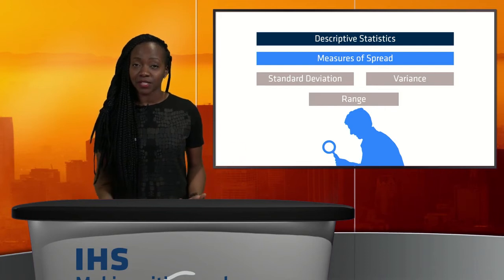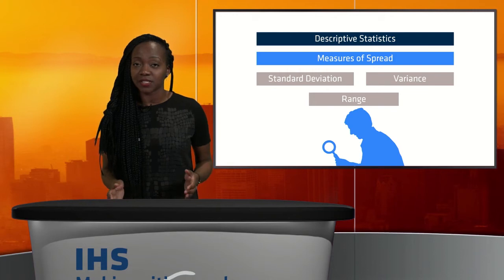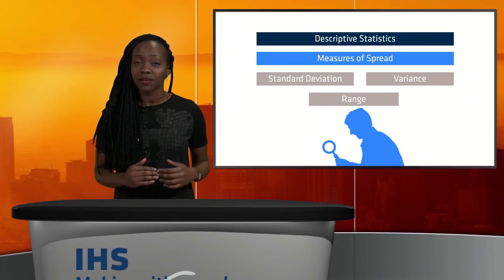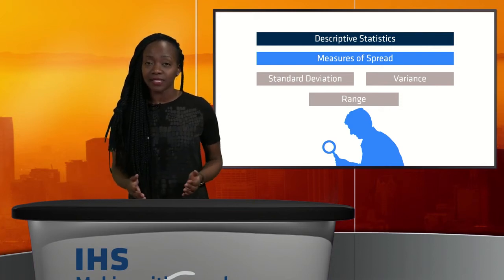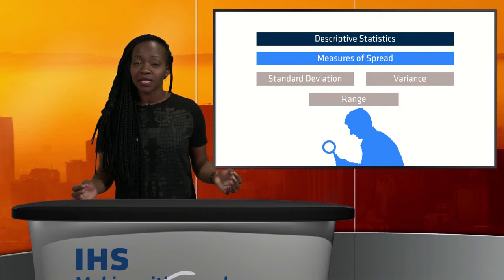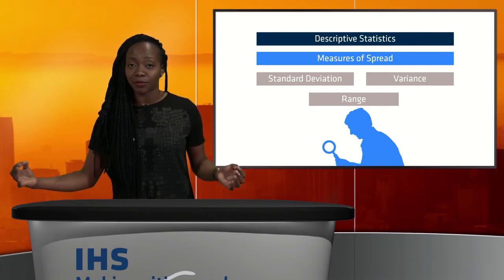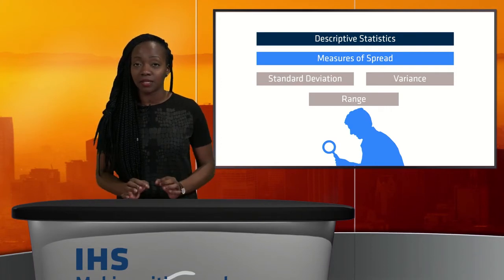The other type of data distribution is measures of spread, and this is categorized into standard deviation, variance, and range. The standard deviation is the extent to which the data points tend to deviate away from the mean. It is calculated based on the mean.